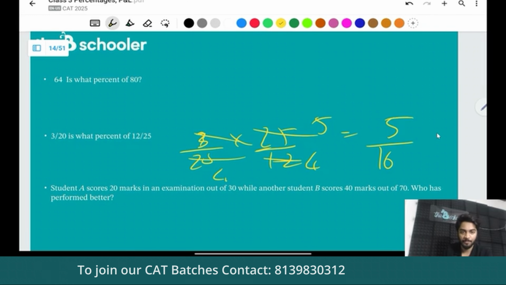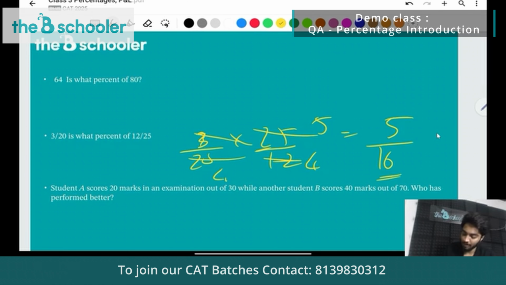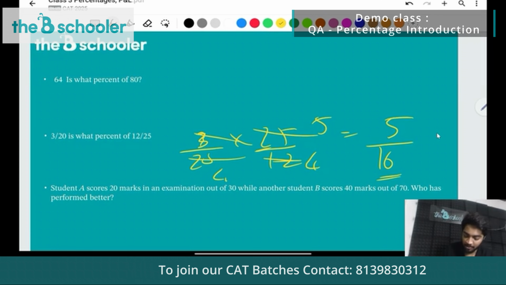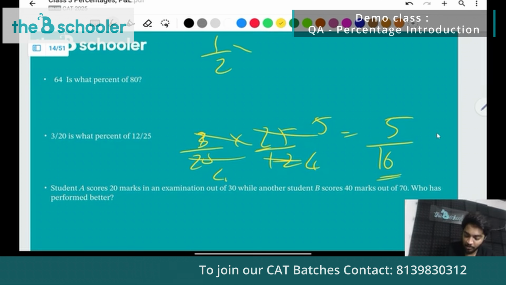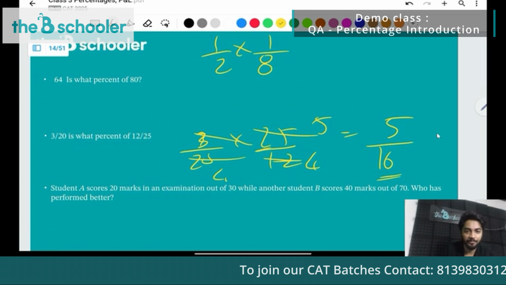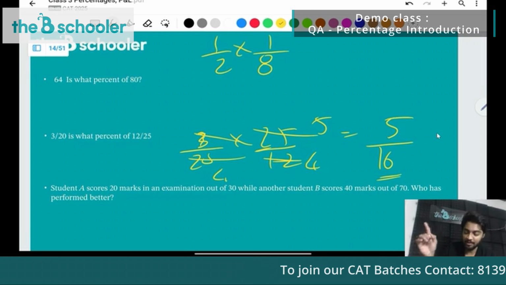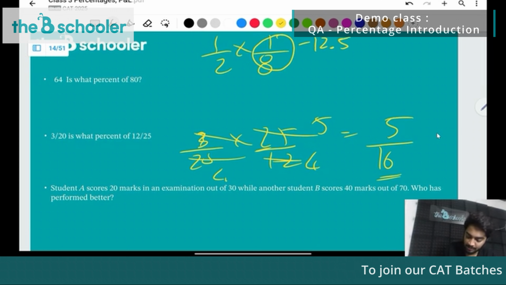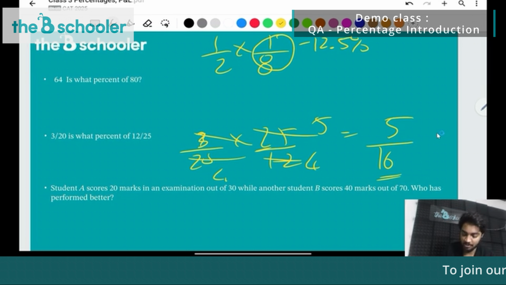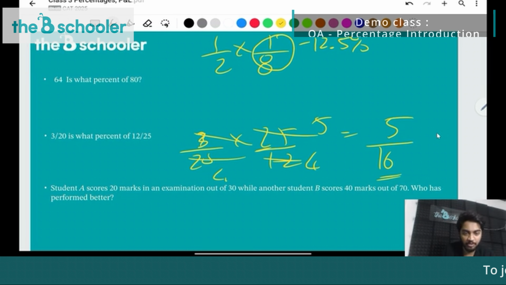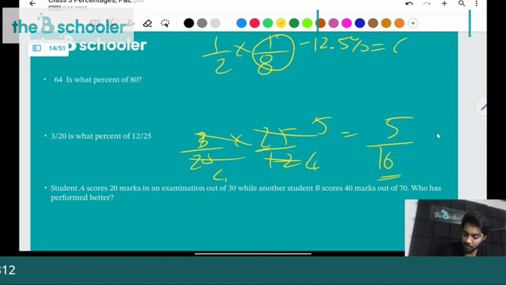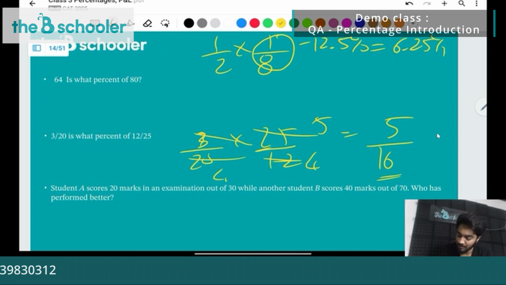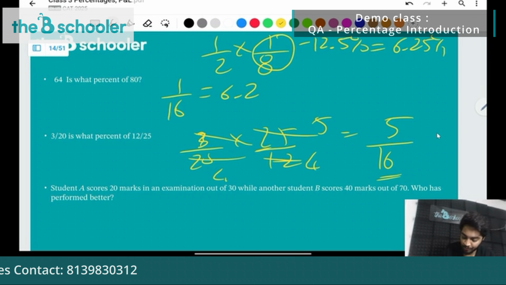Now if you want 1 by 16, what you can do is 1/16 is nothing but 1/2 into 1/8. If you knew that reciprocal number, you would know 1/8 is 12.5 percentage. Correct? So half of 12.5 percentage, 1 by 2 into 12.5, that is 12.5 by 2, you get it as 6.25 percentage. That means 1 by 16, you will know it as 6.25 percentage.